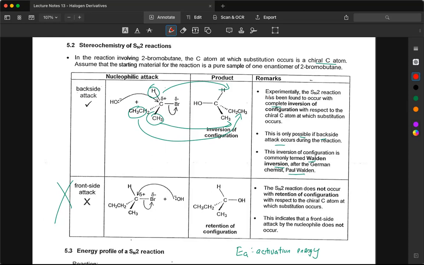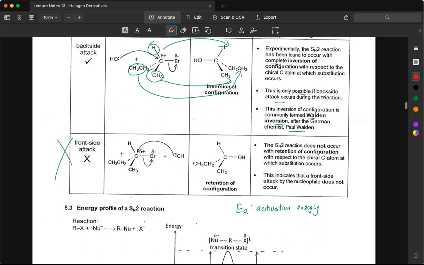Based on experimental results, the SN2 reaction has been found to occur with complete inversion of configuration with respect to the chiral carbon at which substitution occurs. This is only possible if we have a backside attack during the reaction.